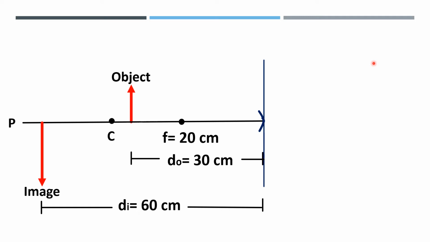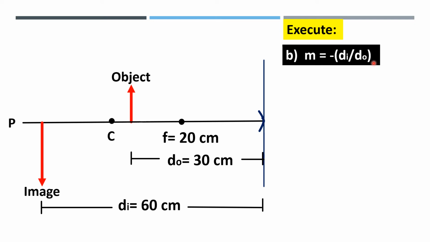For determining the magnification, we have again another formula. Magnification is denoted by small letter m, and it is equal to the negative of the ratio of di over do. Before the parentheses, there is a negative sign. We call this the lateral magnification of the image.